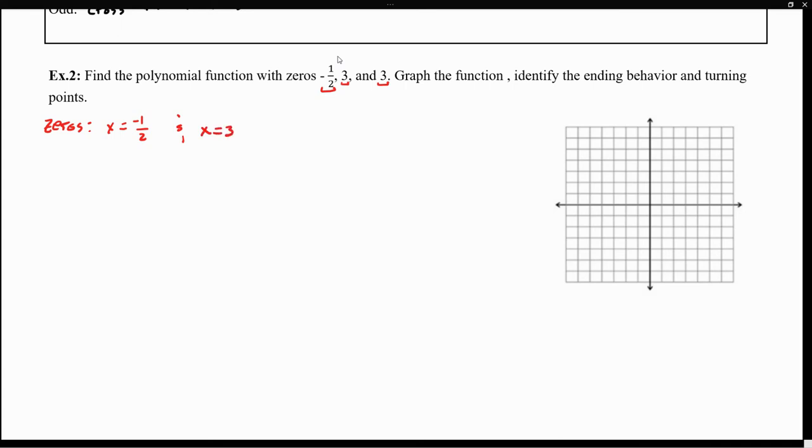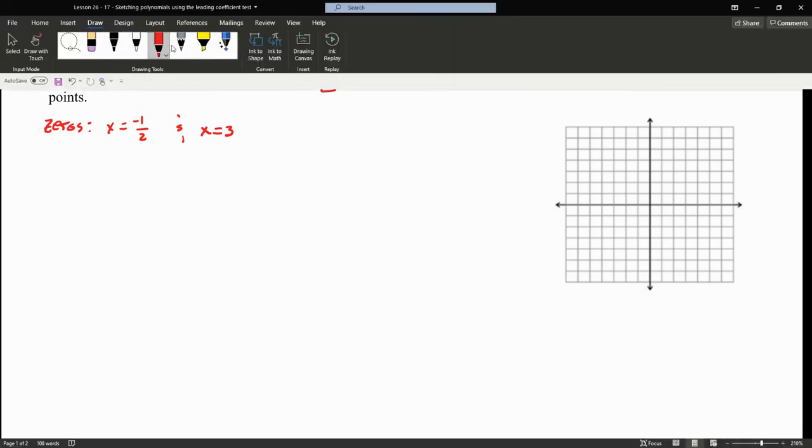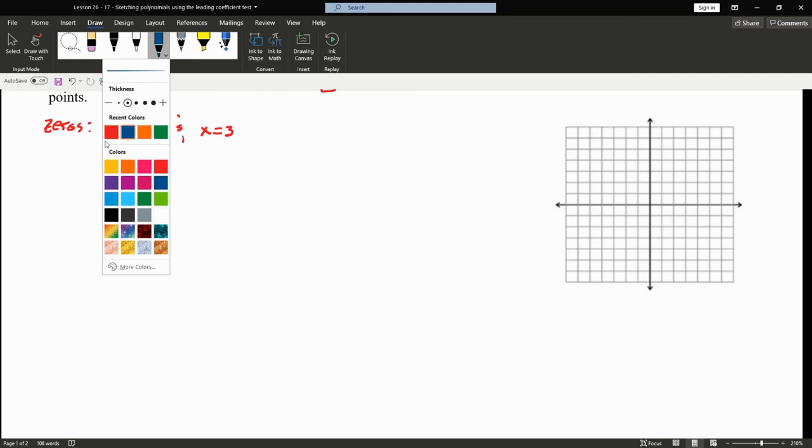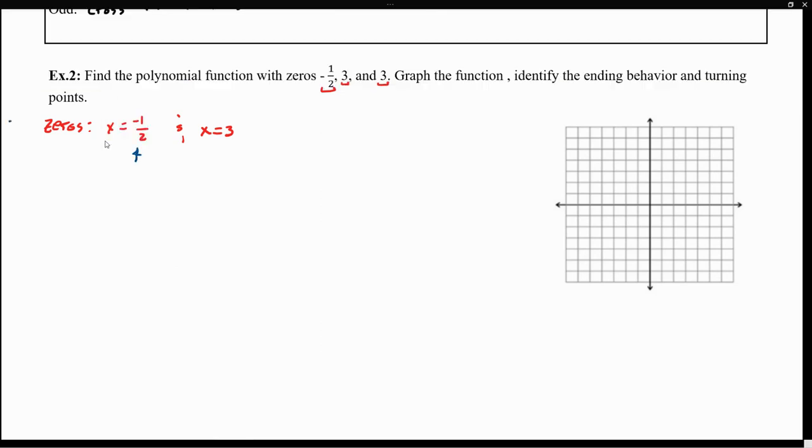But now notice that x equals 3 appears 2 times, so therefore x equals -1/2 is going to have a multiplicity of 1, and x equals 3 has a multiplicity of 2. Because notice that 3 appears 2 times in my solution set.